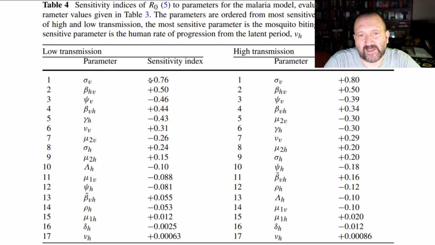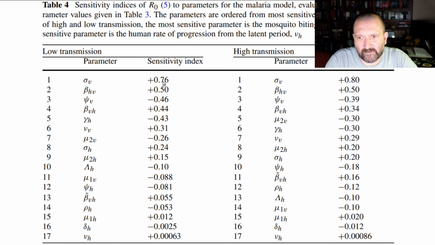This is something I haven't really described, but the idea is to look at how R0 is influenced by the different parameters in the model, in both the low transmission and high transmission regimes.